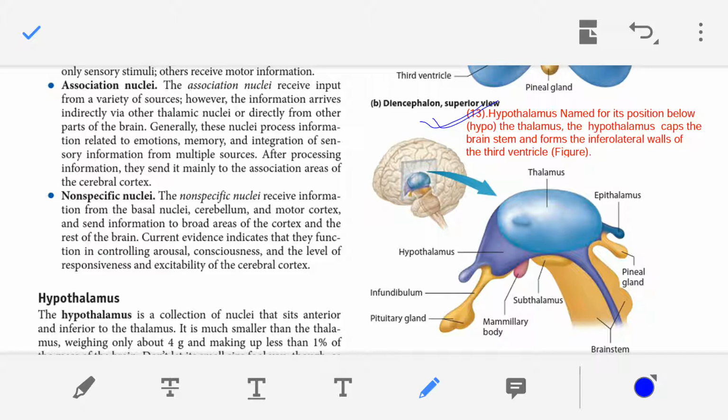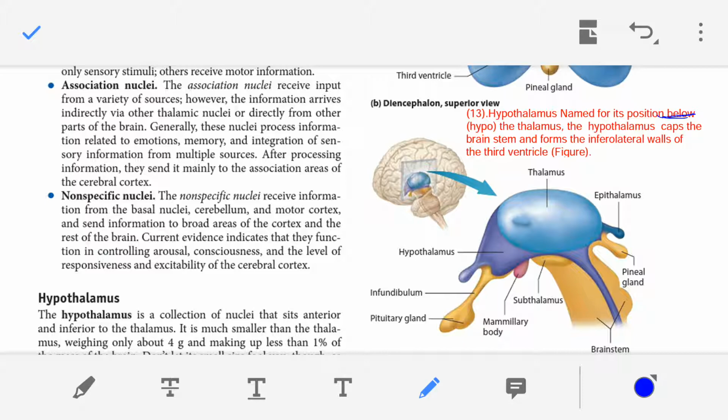So the hypothalamus is so named. Why is the name hypothalamus used for this brain part? The reason is the position of the hypothalamus. Hypo means below.